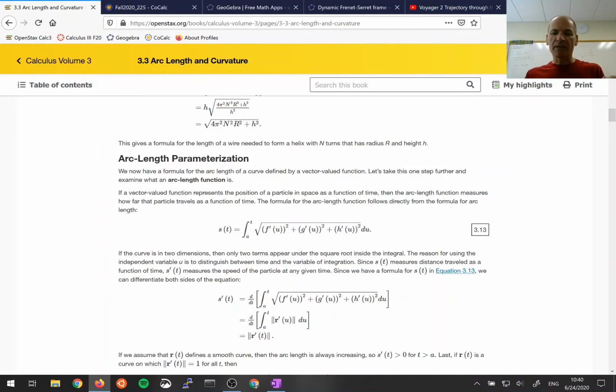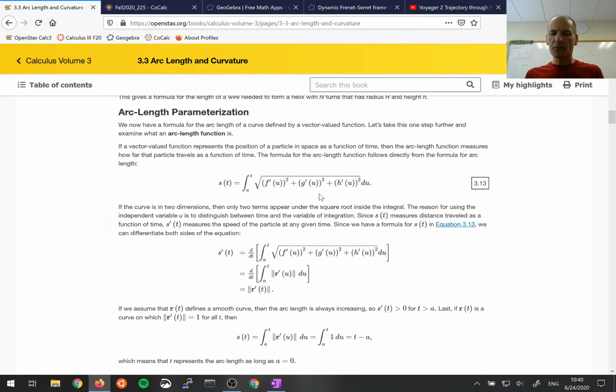And once you have that, some beautiful mathematics starts to occur. For example, the derivative of this function is really just the speed of the space curve at a particular time. So the derivative of s of t at time t is just the magnitude of r prime of t. That makes arc length parameterization useful.